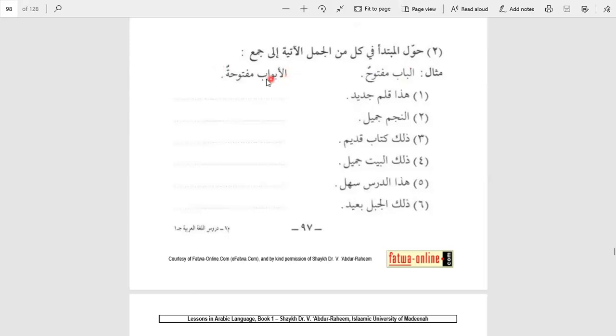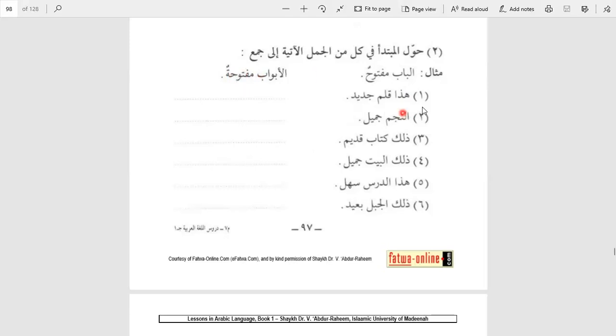Abwabu is now in plural, which we call kuli jamu anad, which is al-babu is highly active, so it changes into presented to be feminine. So we also have the khabar as feminine. That's why we have to here.